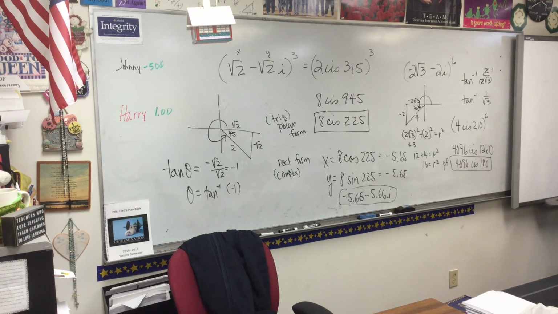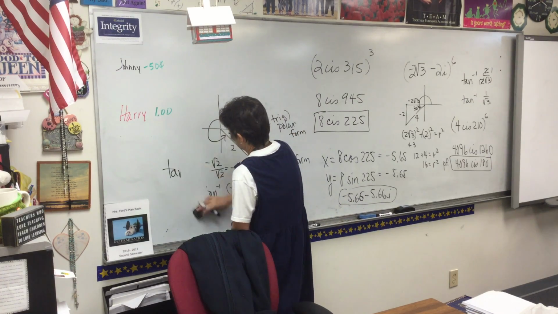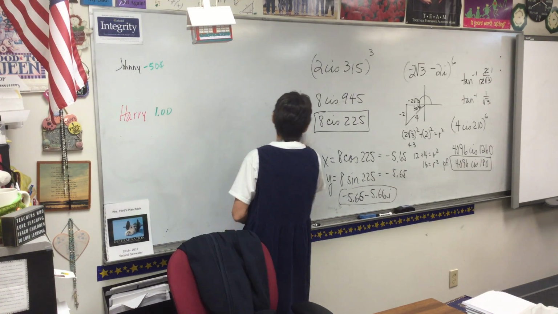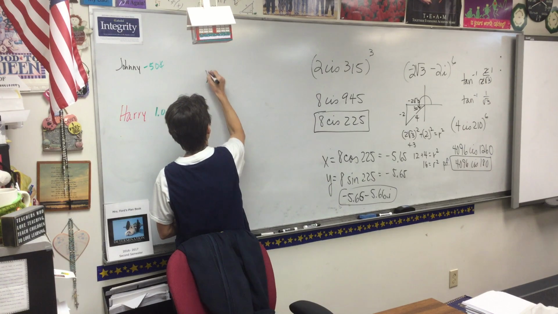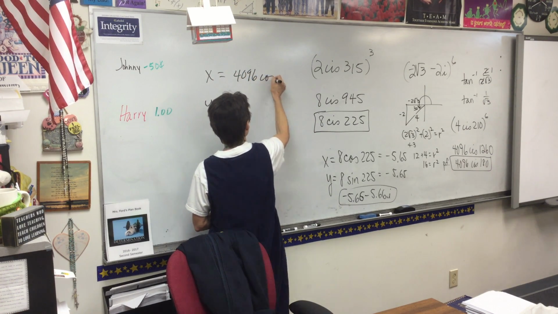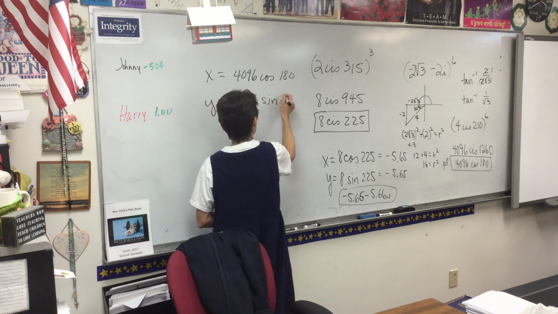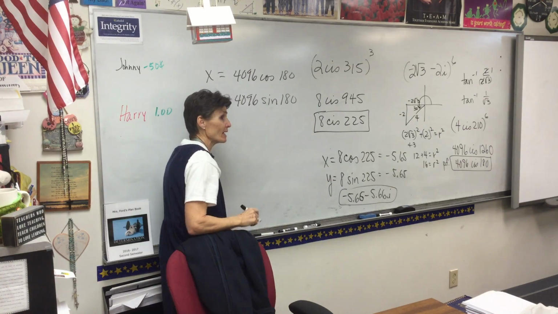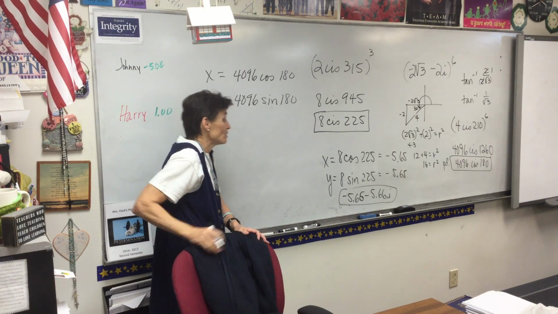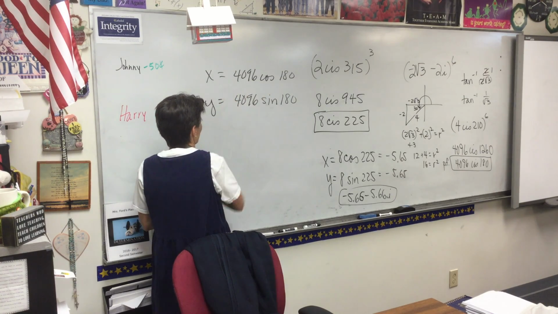How do I get my rectangular answer, my complex answer? 4,096 cosine. Exactly. I need to find x and y. So 4,096 cosine 180 and 4,096 sine 180. We could do this without a calculator, but since you're going to have one, you might as well just type it in. What do we get for x?